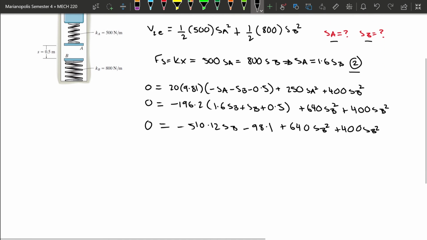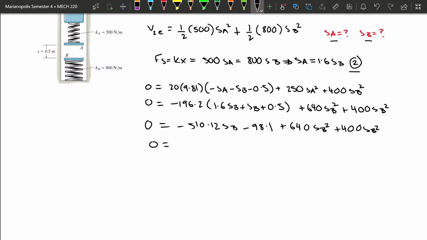So we have basically a quadratic equation, right? I'm going to rewrite that as 1040 SB squared minus 510.12 SB minus 98.1.